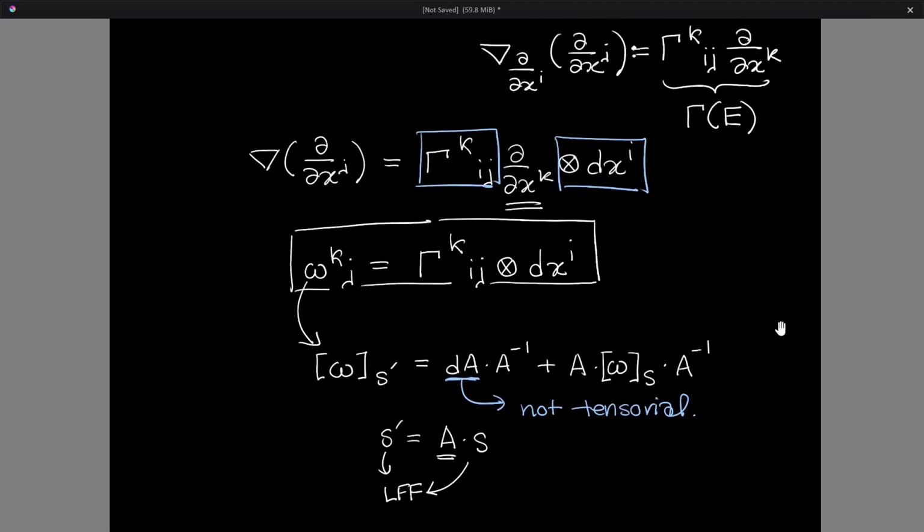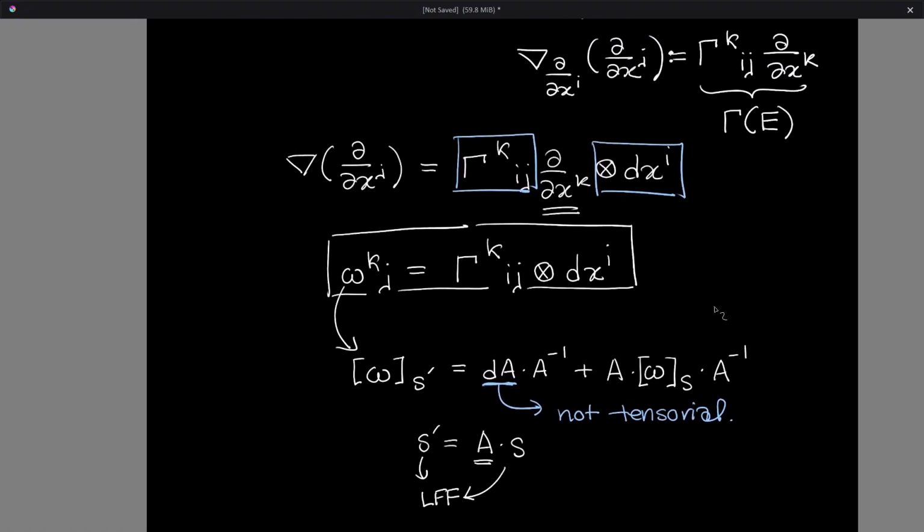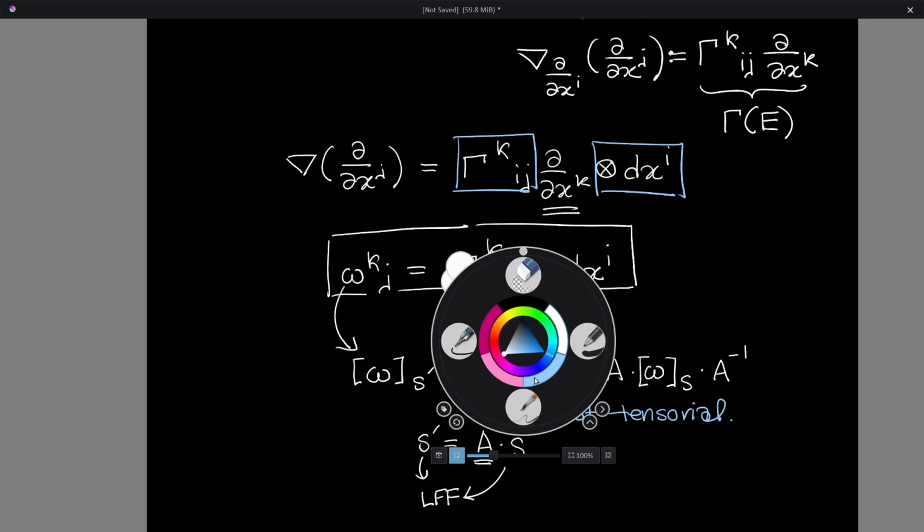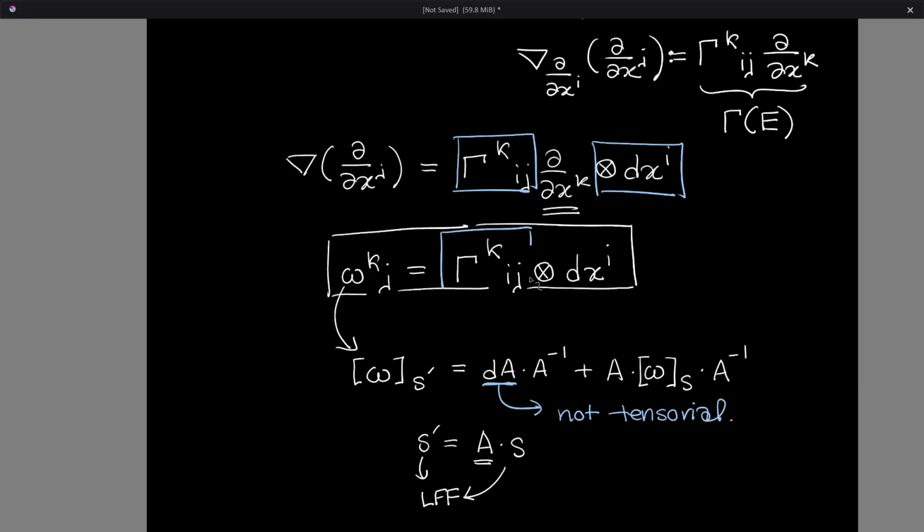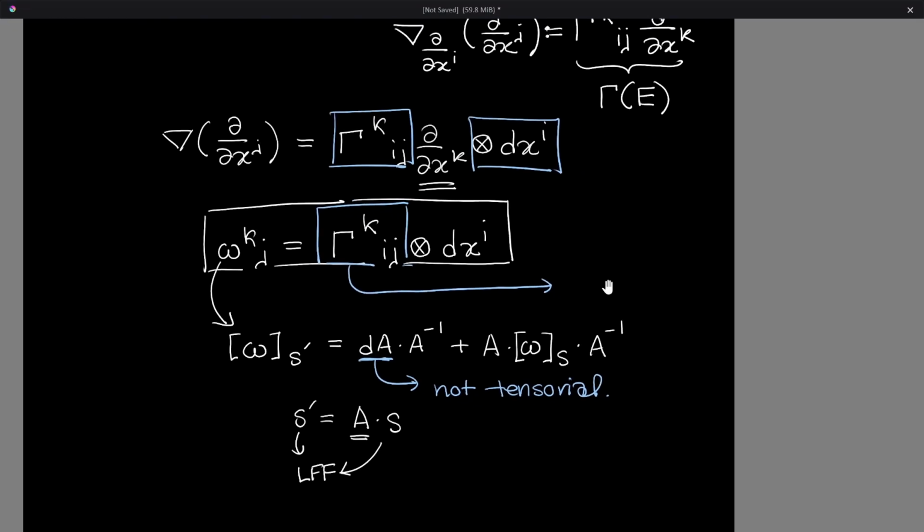And we know that it's a matrix valued form and all that complicated business, right? But since this part, dxi, is tensorial, that means that these connection coefficients, or the Christoffel symbols, are not tensorial.